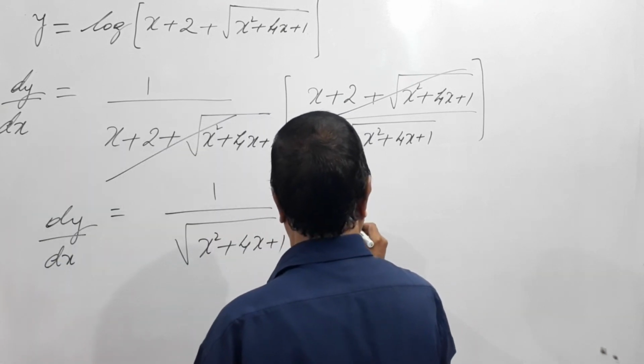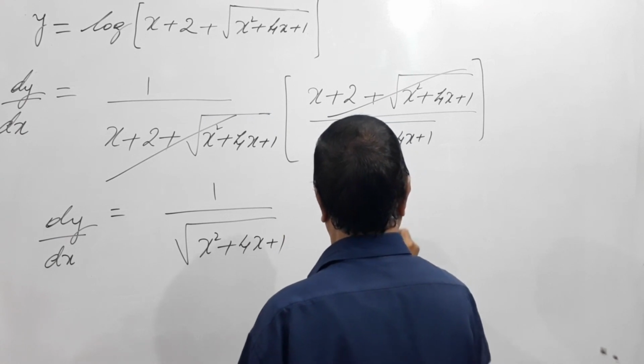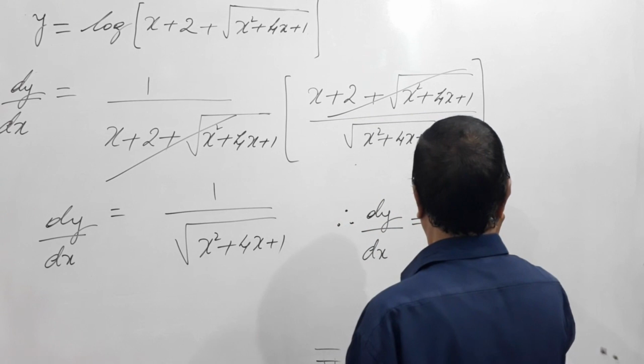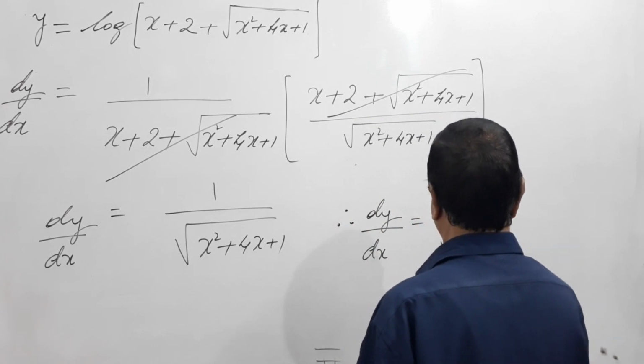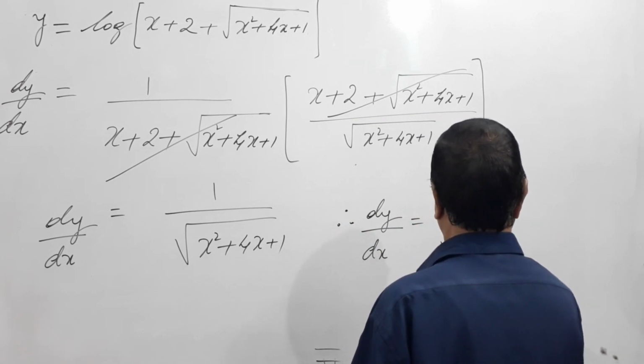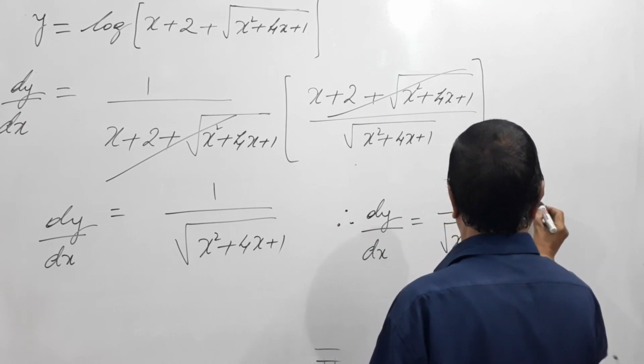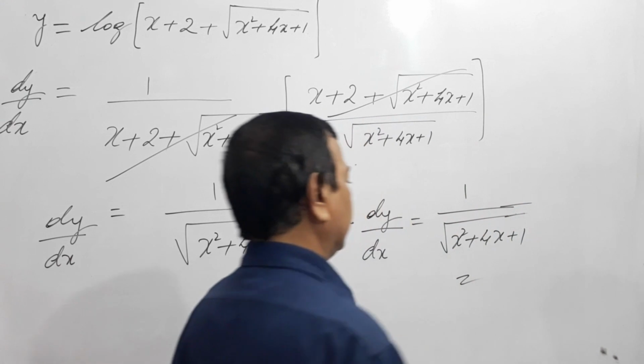Therefore, dy by dx equals 1 by under the root x square plus 4x plus 1. This is the required answer.